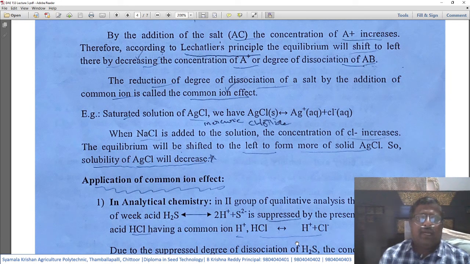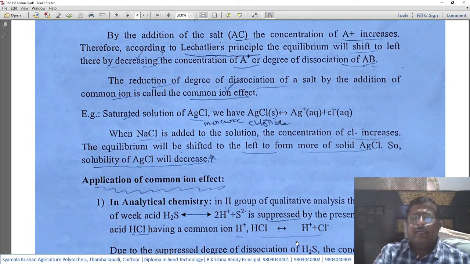When sodium chloride is added, so that means here silver chloride and here sodium chloride, this chloride is common, you see. So sodium chloride is added to this solution of silver chloride. When sodium chloride is added, the concentration of Cl increases.